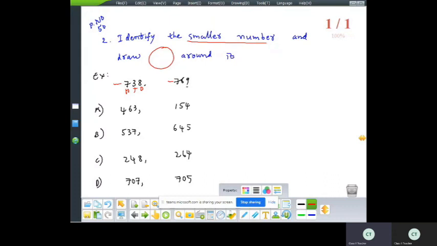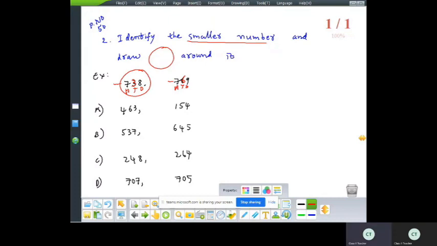First we compare the hundreds. In hundreds the digit is 7, 7. Both are the same. Next go with tens. The digits are 3 and 6. From 3 and 6, which is smaller? 3 is smaller. Then 738 is the smaller number. Put a circle around this number.